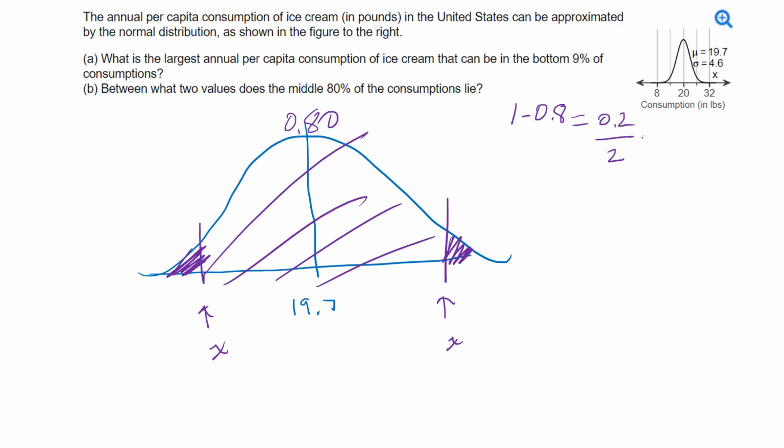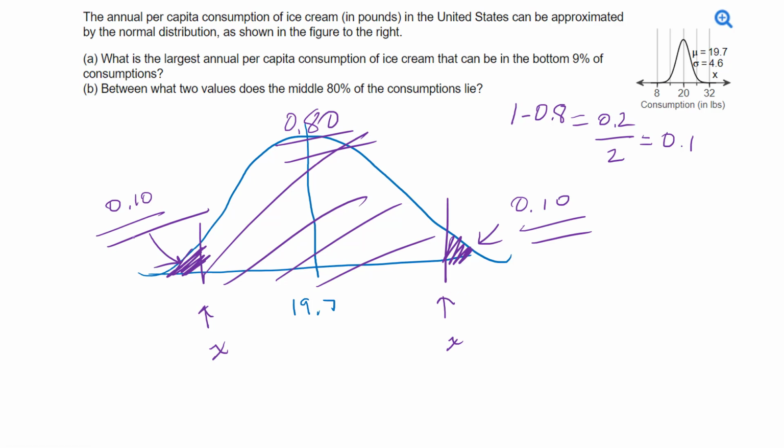I have to halve that because half of it's going to go here and half of it's going to go here. And remember, all of these probabilities should add to 1, and they do. So I'm going to look up in the table the value closest to 0.10 to find the z value.